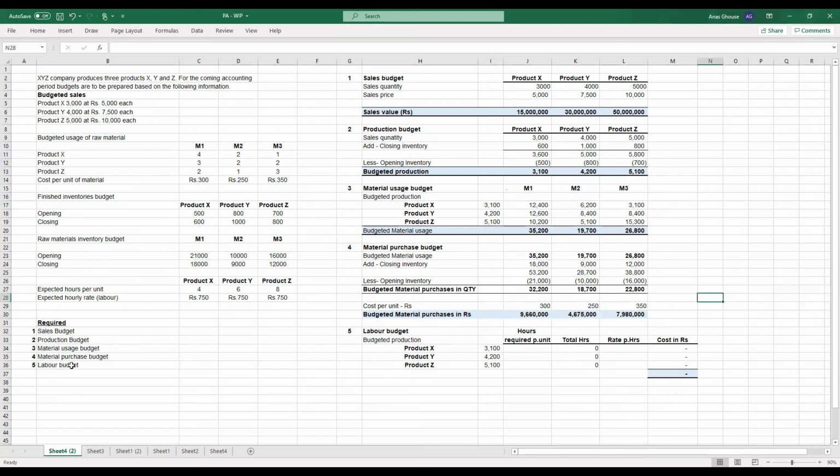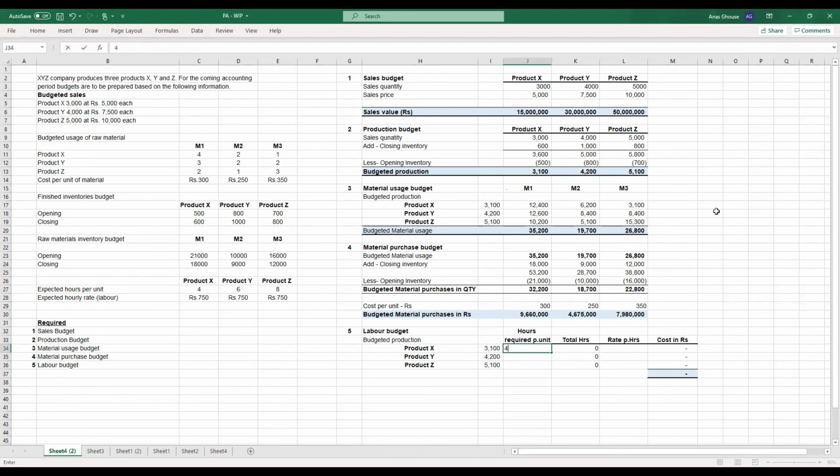Then finally, you are required to calculate the labor budget. The labor budget is also based on the production requirement. So production requirement is 3,100, 4,200, and 5,100. Okay. So how many hours required per unit? If you go here, you can identify the expected number of hours per unit, 4, 6, and 8.